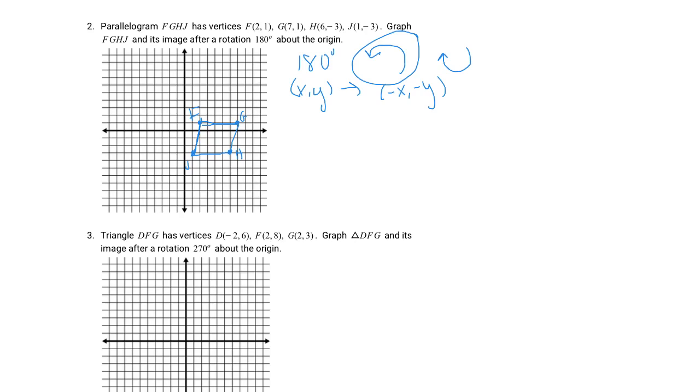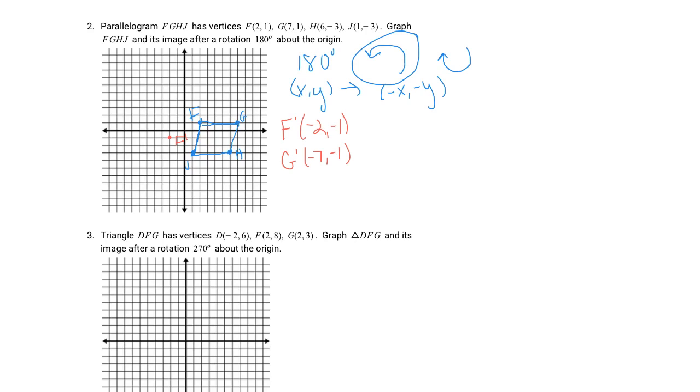So F was 2, 1. F prime is going to be negative 2, negative 1. G was 7, 1. G prime is negative 7, negative 1.